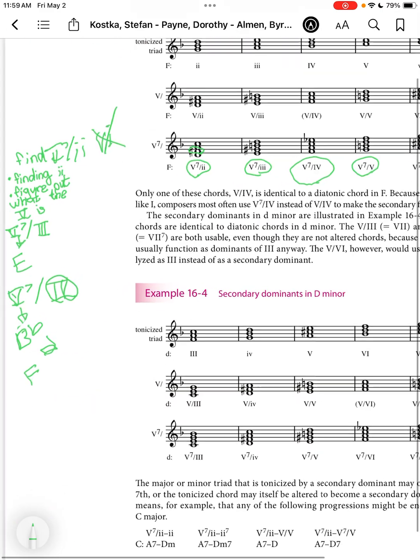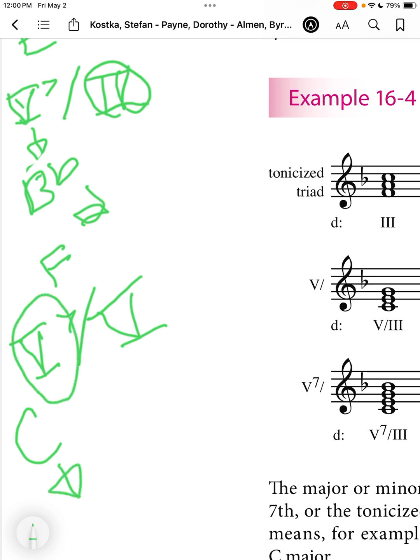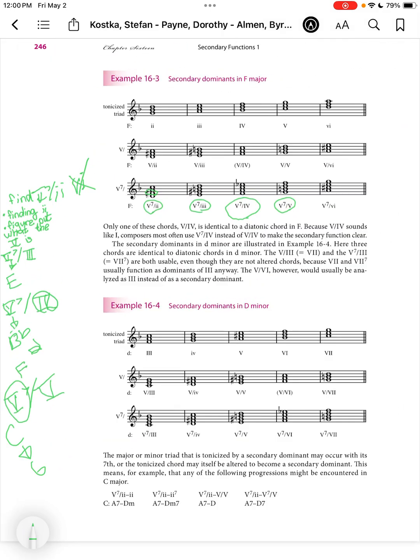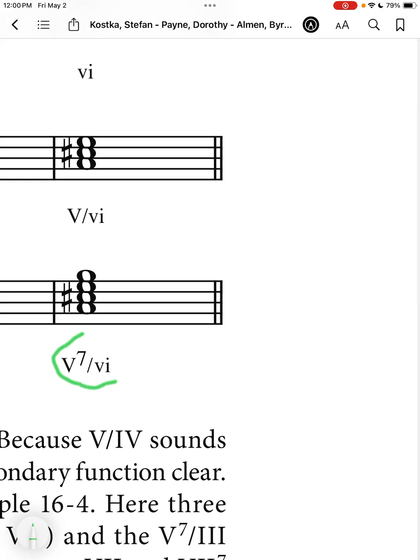Okay, so 5 7 of 5. First of all, you're going to find the 5 of F, which is C. That's the first part. Then from this point, you're going to find the 5 7, so it's going to be a G. Yeah, that's right. And then let's take it to 6. 6 is the same thing.